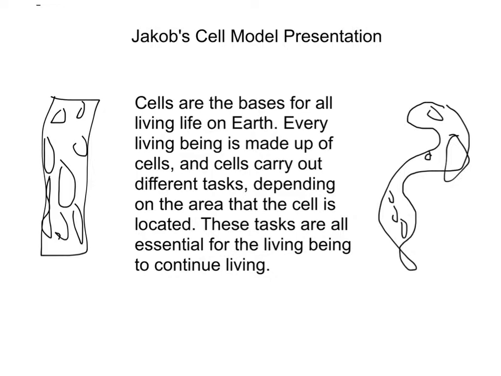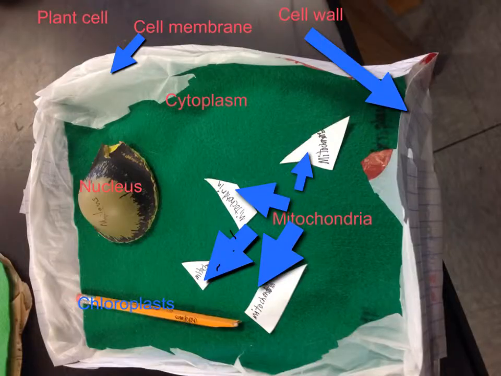And the tasks are all essential for the living being. Like the wall of your stomach is protective against the stomach acid, and your brain is obviously pretty important. So yeah.